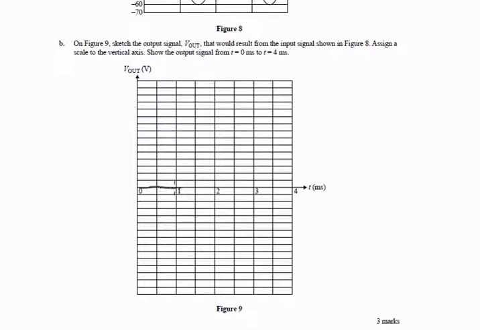You don't need to use a ruler here because it's going to be a bit of a windy graph. 1, 2, 3, 4, 5, 6, 7, 8, 9, 10. -10 volts. 1, 2, 3, 4, 5, 6, 7, 8, 9, 10. Positive 10 volts.